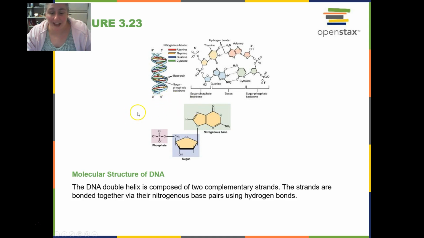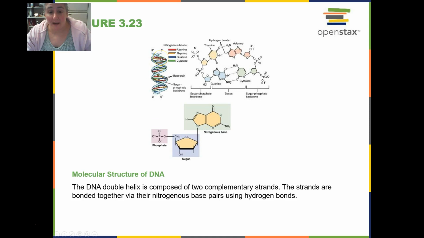If you unwind them, one side, so here's the 5, it unwinds down to here to this side to the 3. This is the 5 over here. It goes up to the 3. So they're anti-parallel. You can only add DNA to the 3' end.